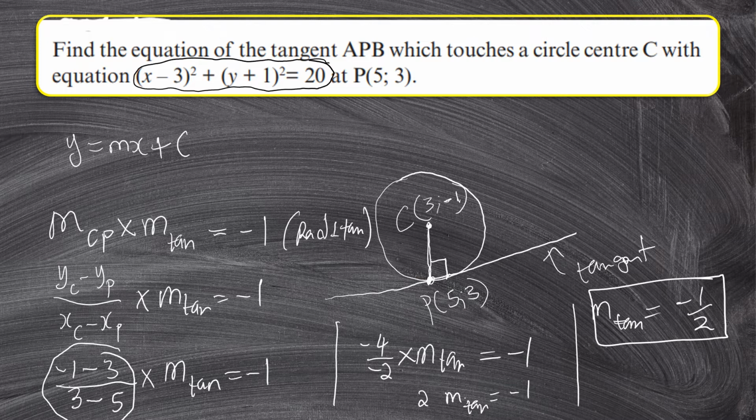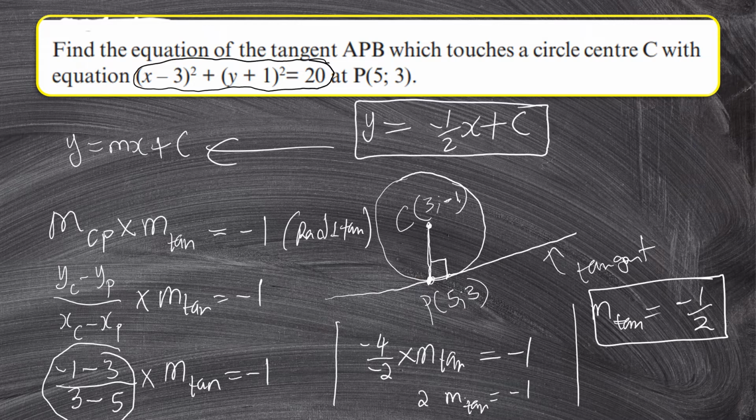We can now substitute back into our equation: y equals -1 over 2 x plus c. To finally get the equation, we can substitute any point that is on our tangent, and we know there's point P. So I substitute P, which is (5, -3), into the equation to solve for c. Where there is y, we put -3; where there is x, we put 5.